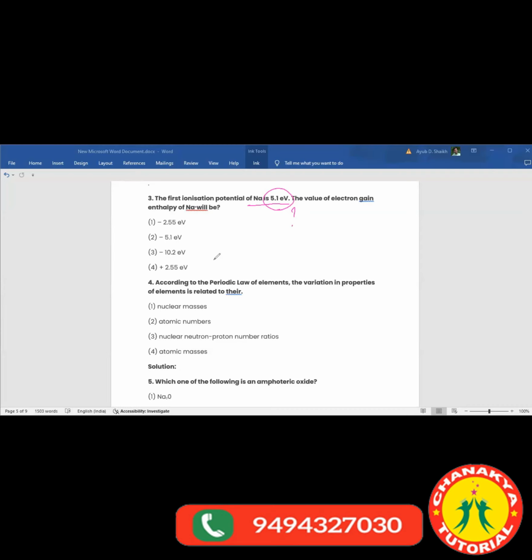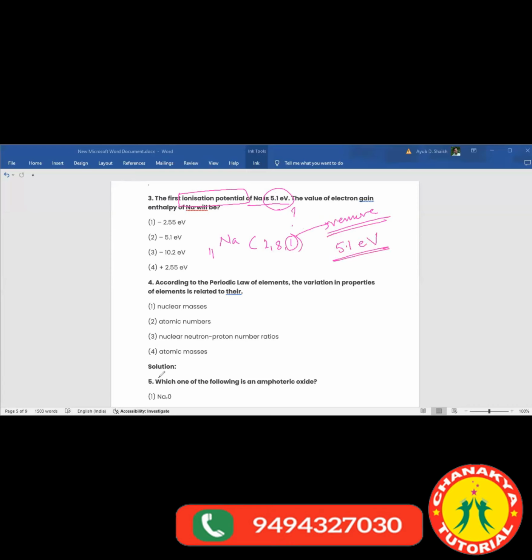So they have given you what? The first ionization potential of sodium. Sodium has atomic number 11. Its electronic configuration is 2, 8, 1. So first ionization potential means the amount of energy required to remove one electron from its outermost shell. How much energy would be required according to them? 5.1 electron volts.